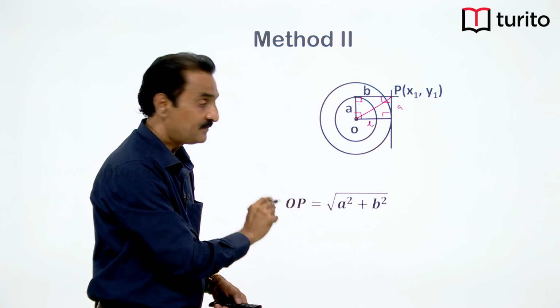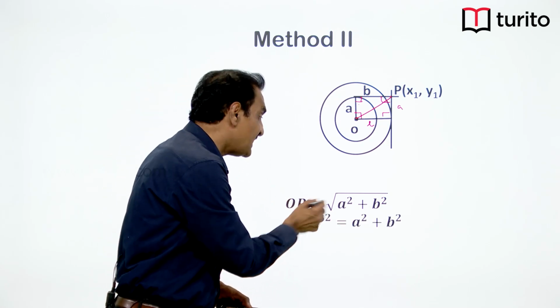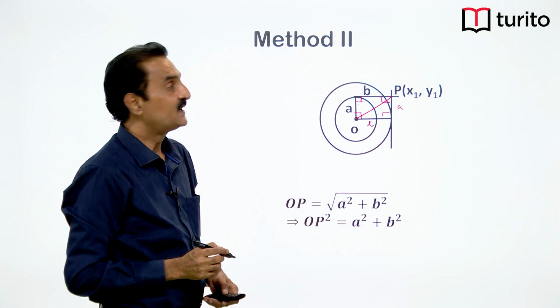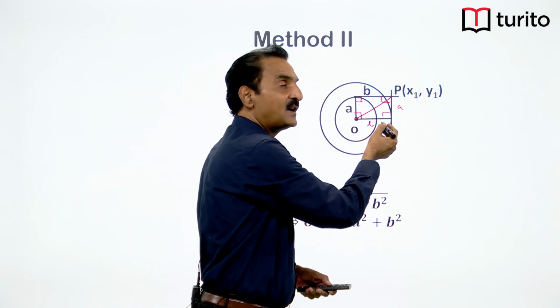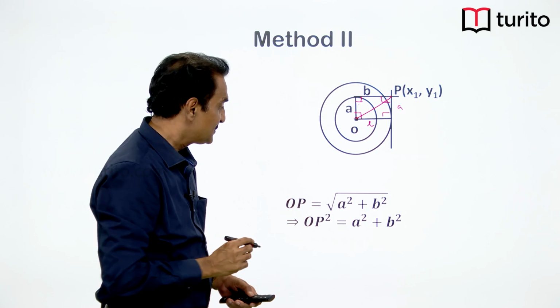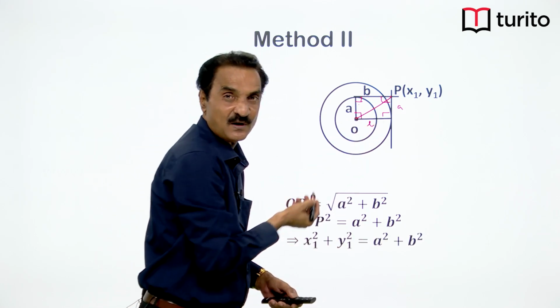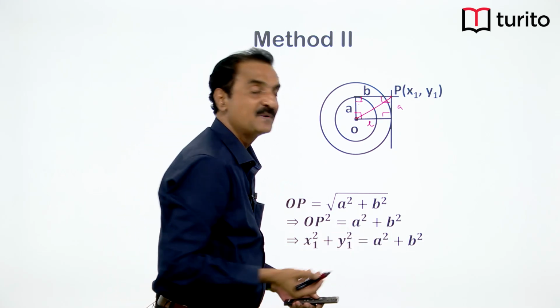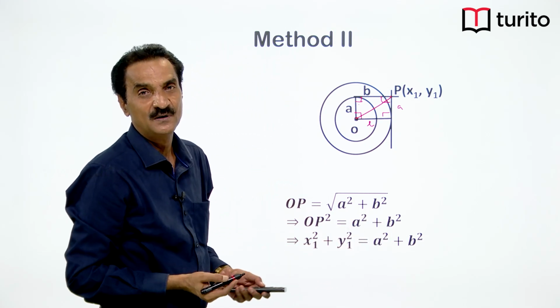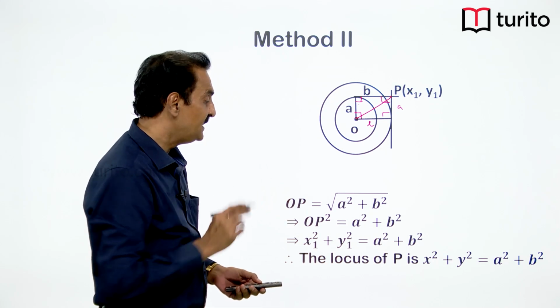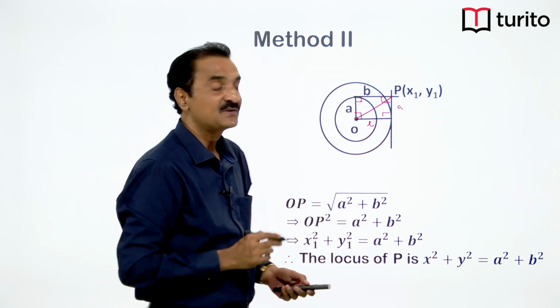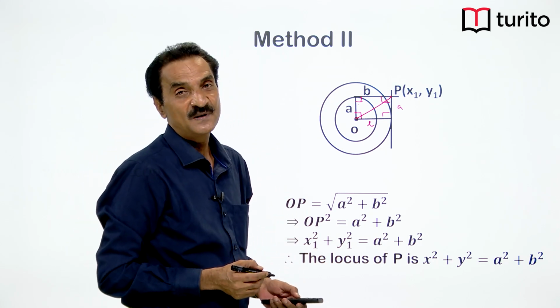By Pythagoras theorem. Then OP square is equal to A square plus B square. If you take P as x1 y1, O is origin, no? So, OP square will be x1 square plus y1 square, distance formula, is equal to A square plus B square. This method is very, very simple. Then the locus of P is x square plus y square is equal to A square plus B square.